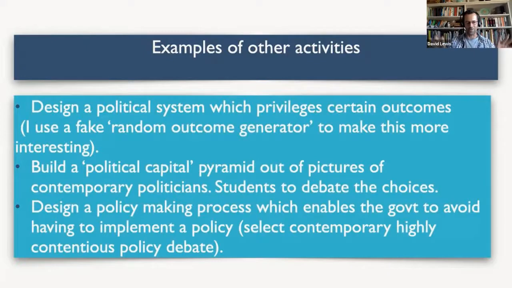And then I have a whiteboard session where it's got different political institutions, different alternative institutions. And I have a fake random outcome generator where it just flashes an outcome such as participation or collaboration or accountability, and they have to arrange the institutions in order to maximize that outcome.